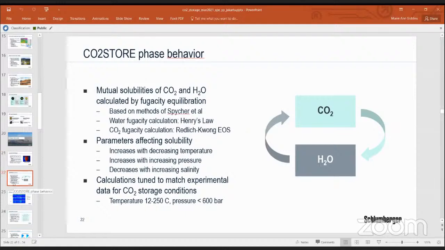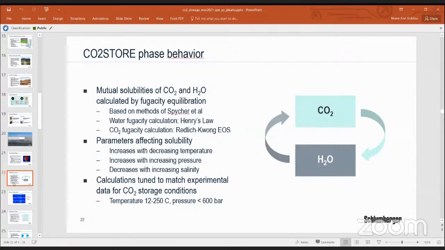The phase behavior in CO2 store is quite similar to the way that you model phase behavior for typical compositional oil reservoir studies, except that we need to consider the mutual solubilities of CO2 and H2O. And that's done by a fugacity method, which was published by authors such as Speicher.